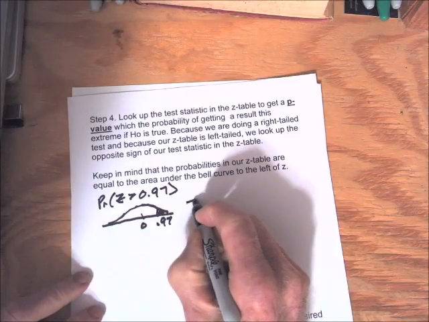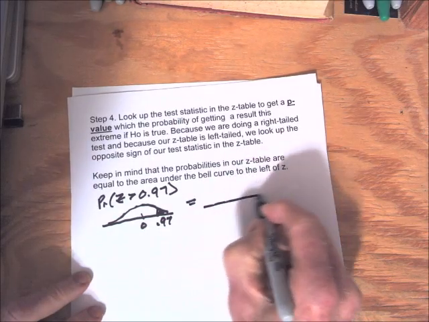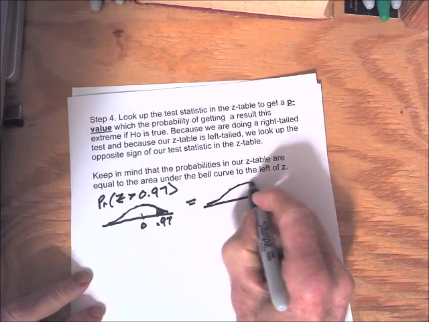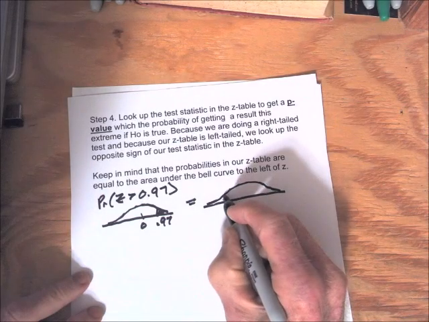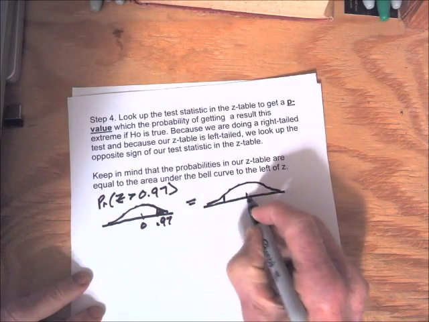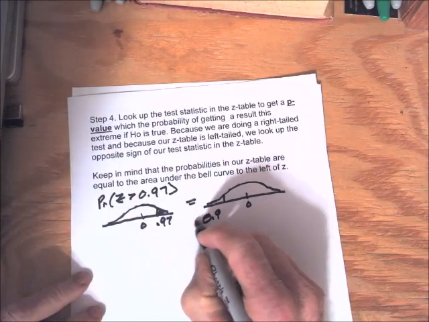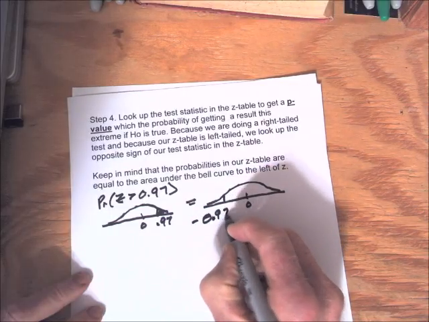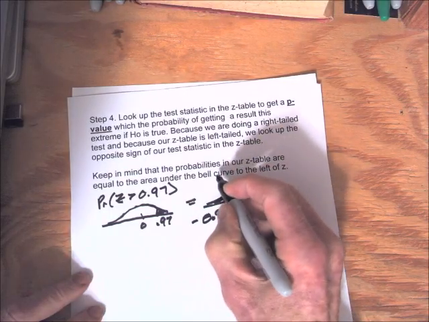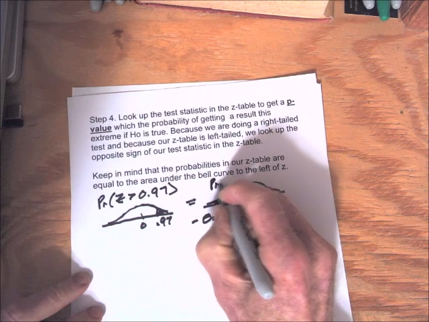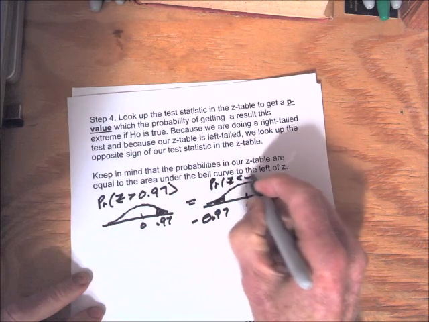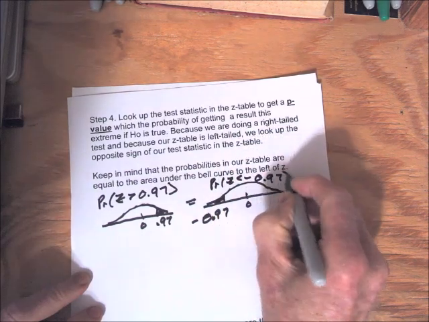But because of the symmetry of the bell curve, that's actually going to be the same value as the probability z is less than negative 0.97.